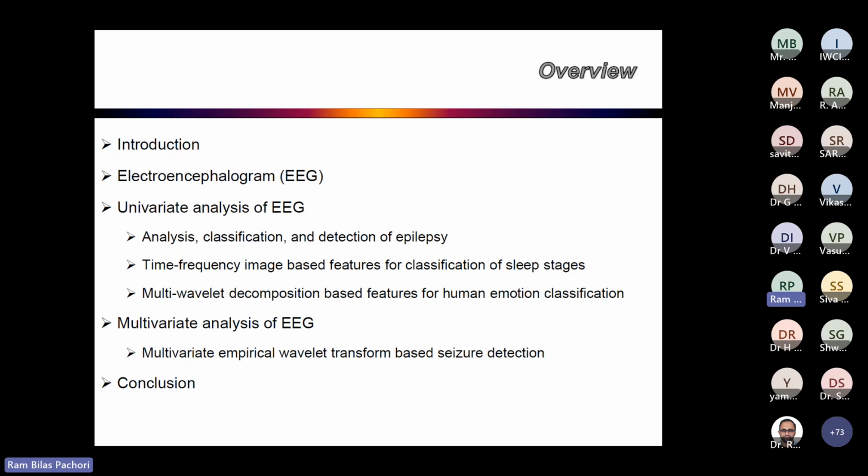This is also an extension of the univariate empirical wavelet transform proposed in the literature. Then its applications for epileptic seizure detection will be explained, and in the end a conclusion will be provided.